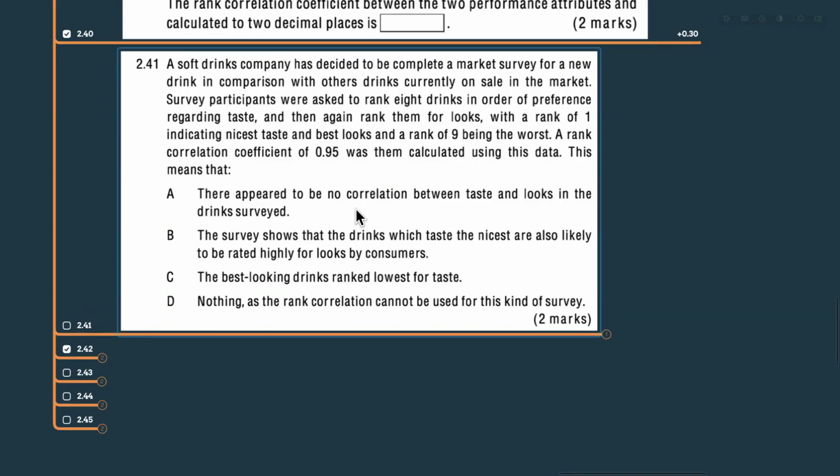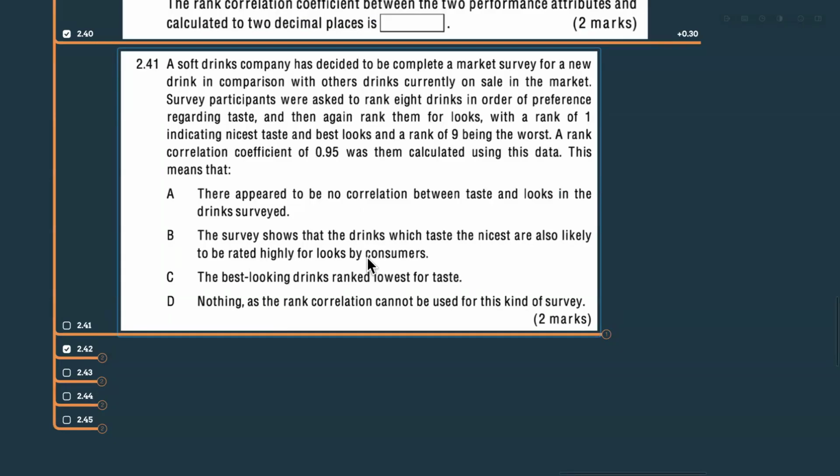Because it's the same as the correlation coefficient. Right. Then the survey shows that the drinks which taste the nicest are also likely to be rated highly for looks by consumers. Is it correct?